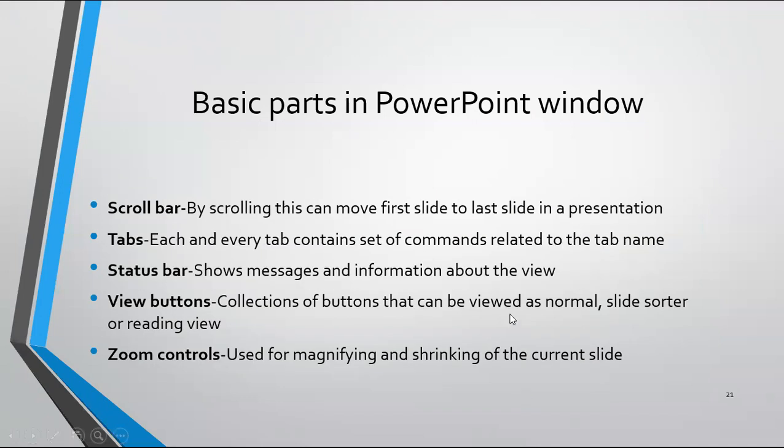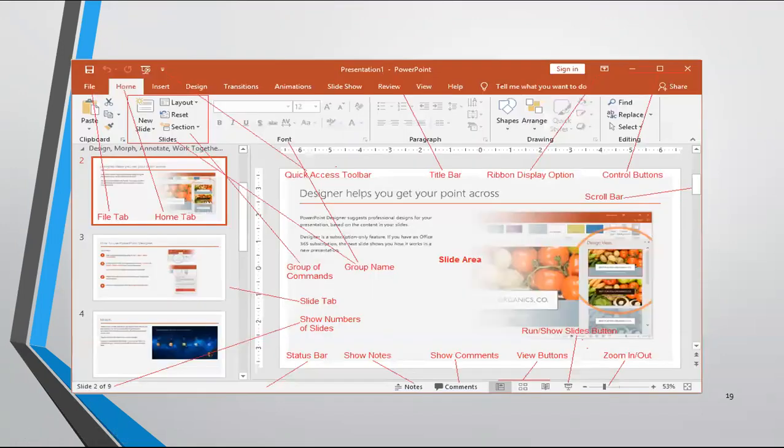So it contains normal, slide sorter, and reading view. What is the normal one? The normal one is this one, right? Yes, my mouse, this one. Normal, then slide sorter and reading. You can see this book, right? That means that is the reading mode, reading view.